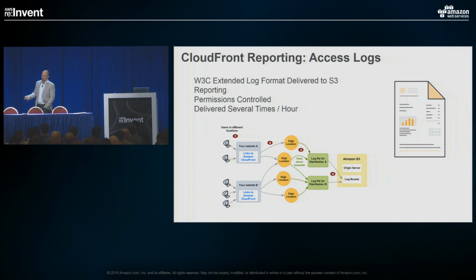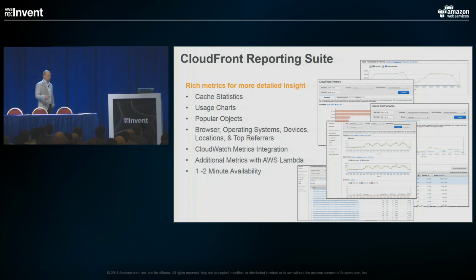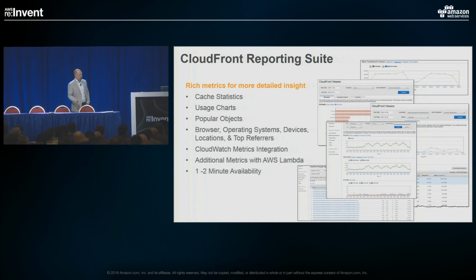If you want a graphical display of it, we include at no charge some cache statistics, charts, tables, and information about errors, browser types, geographies, popular objects. Those can all be here. And you can restrict access to this too, so if you want your marketing team to understand what your popular objects are, but you want your tech team to understand what are the errors that I'm receiving, what are my responses to that. Those are two different things, so you want to make sure that you can separate them.